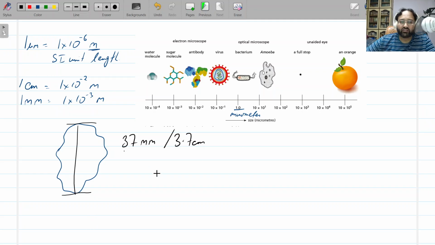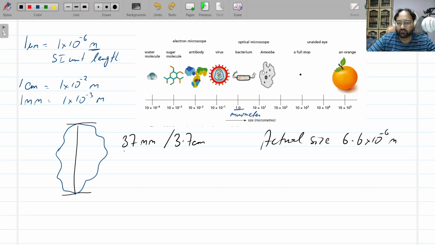And for example, they say the actual size is given in micrometers, say 6 into 10 to the power minus 6 meters, which is basically 6.6 micrometers.